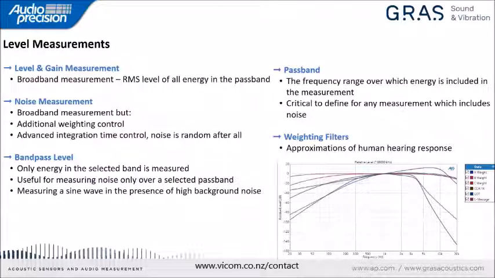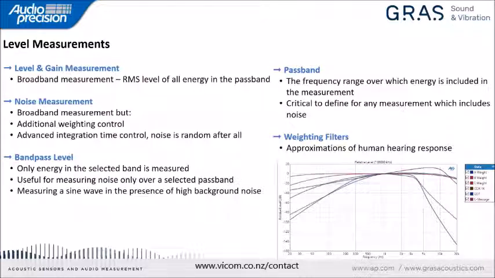Finally, we might want to apply a weighting filter to that signal. And there are a large number of weighting filters. In the lower right, we're looking at a graph of A weighting, B weighting, C weighting, CCIR, CCITT, C message, and this is just a few of them.